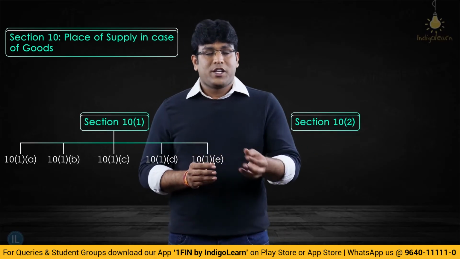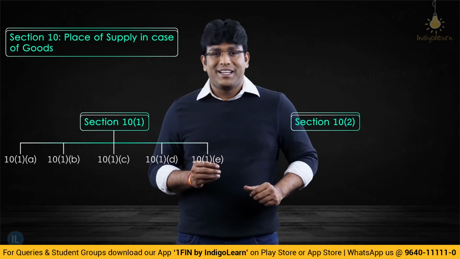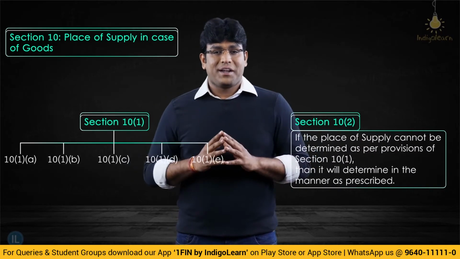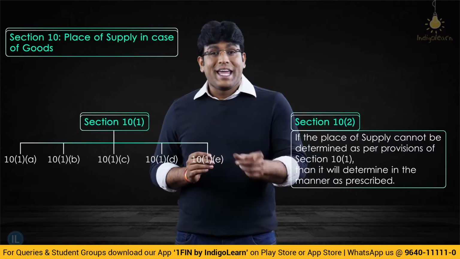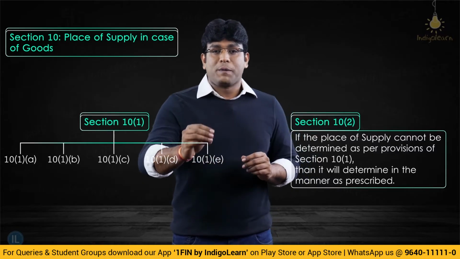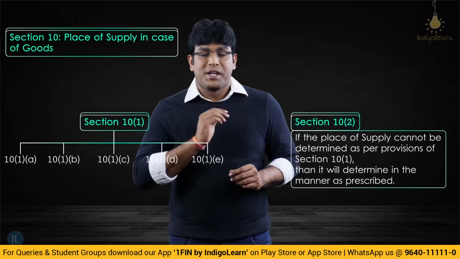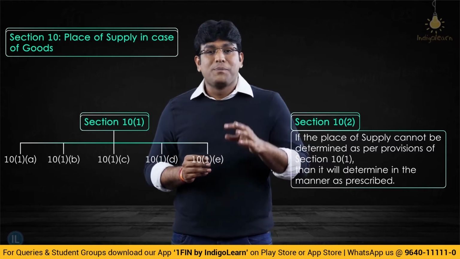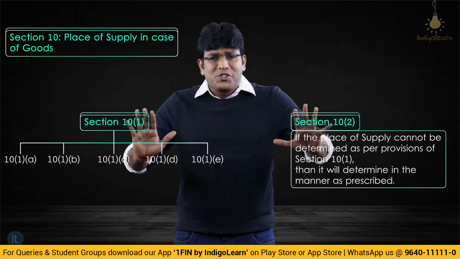On the other side, section 10 subsection 2 specifies that if the place of supply cannot be determined as per the provisions of section 10.1, then it will be determined in such manner as may be prescribed. That's all.